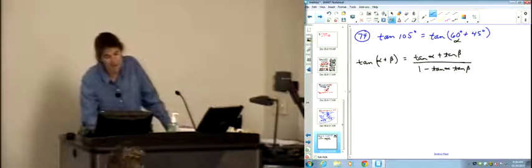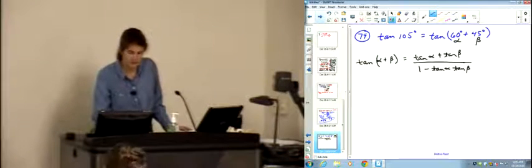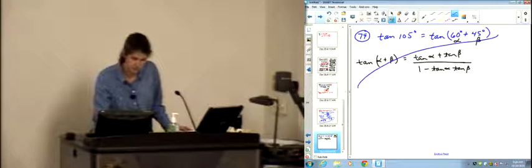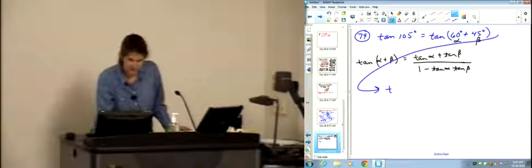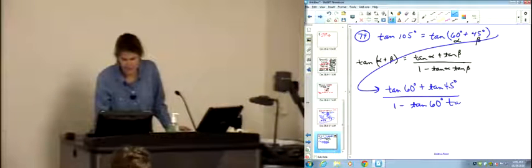We're going to let that be alpha and that be beta. So now we're going to have, let's bring this down here, we kind of took a detour there: tangent 60 degrees plus tangent 45 degrees over 1 minus tangent 60 degrees times tangent 45 degrees.